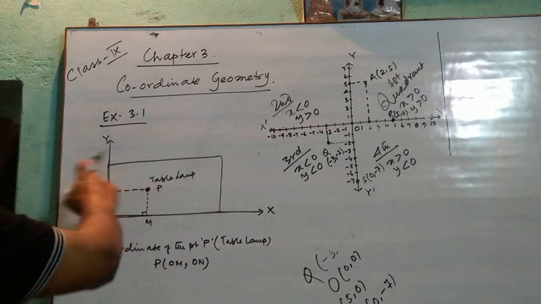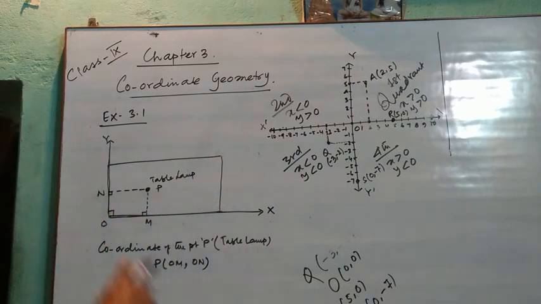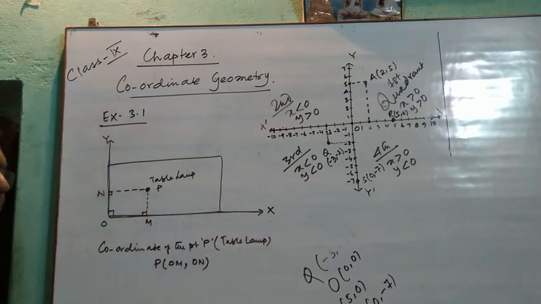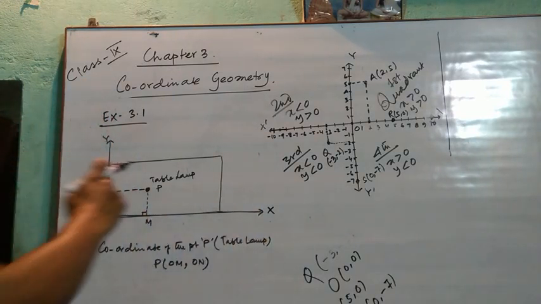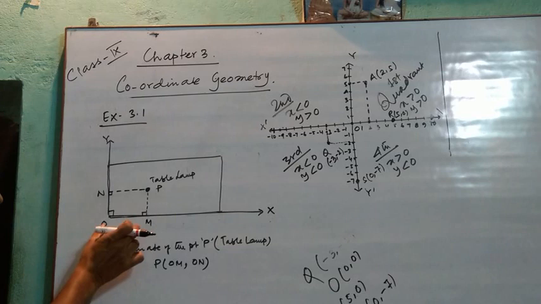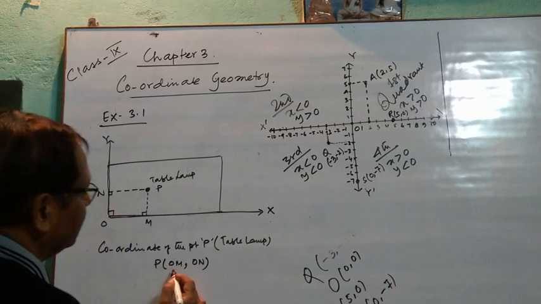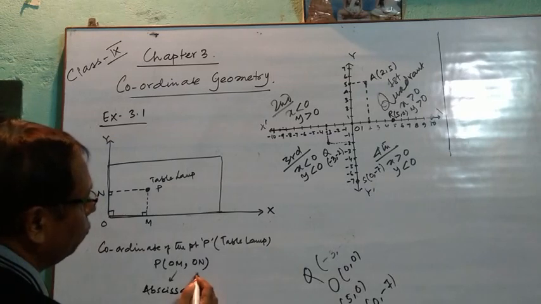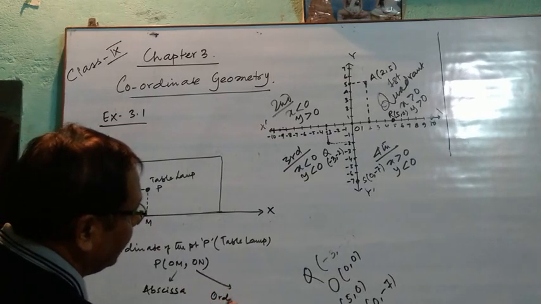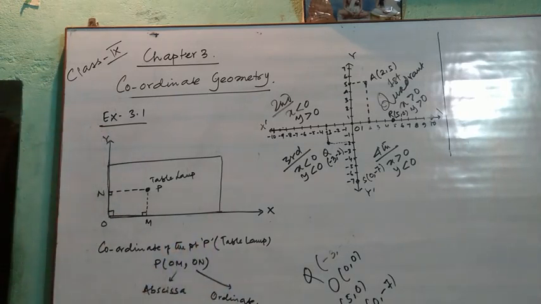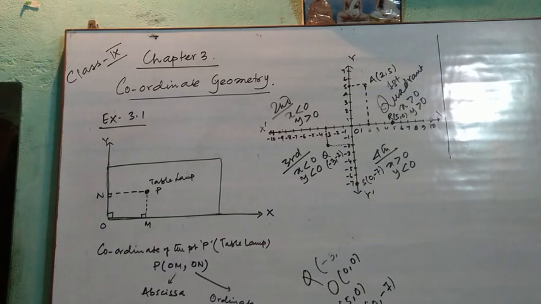We have supposed that the study table is rectangular, and this side of the rectangle, that is the length, is the x-axis and this one is the y-axis. We can do otherwise also. And P is the position where the table lamp is kept. Now from P we have dropped two perpendiculars, PM and PN. OM is the abscissa, the x value, and ON is the ordinate. So the coordinate of the point P, the table lamp on the table, is OM comma ON.